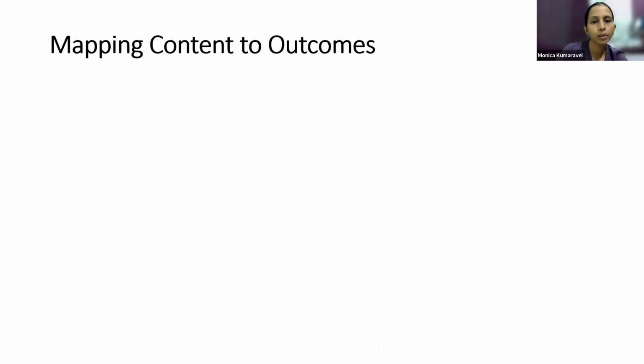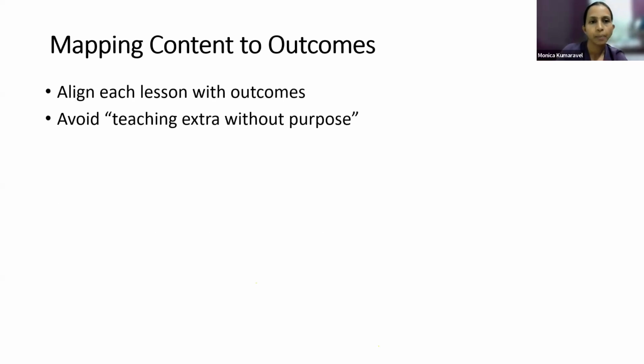Now, mapping the contents to outcomes. For example, every topic you teach should align with the outcomes. So you should avoid any extra teaching without purpose. For example, today I'm teaching about the sun only. I should teach only about the sun. If I go and teach about the entire Milky Way, it means it is going beyond the limit.